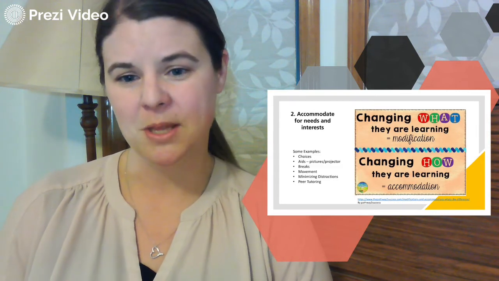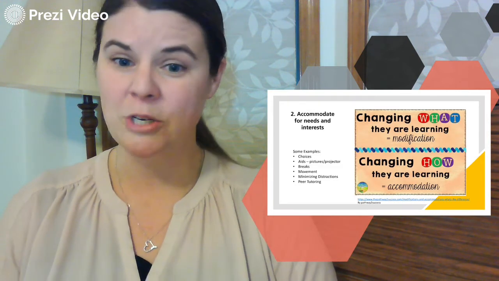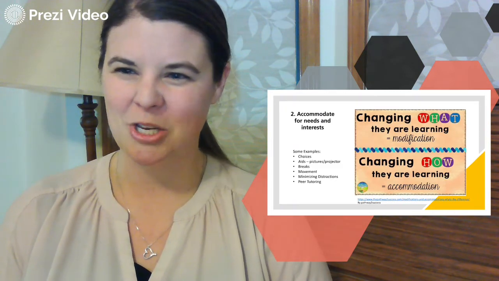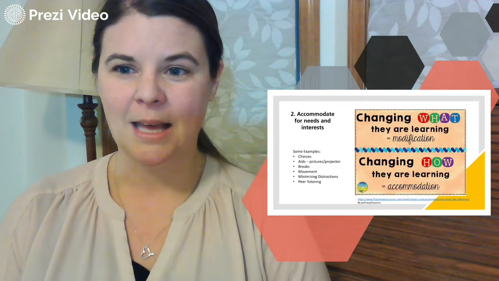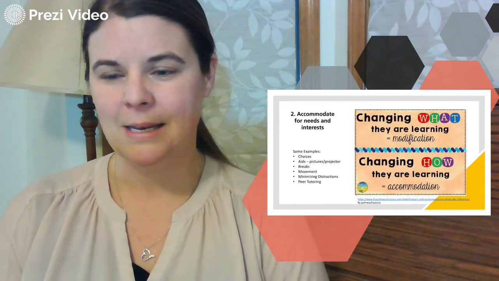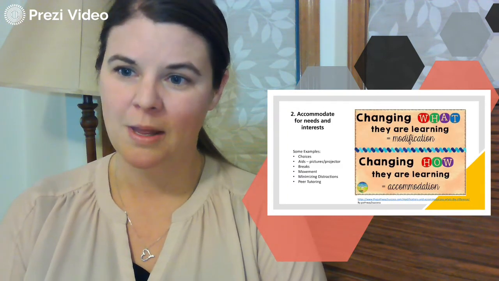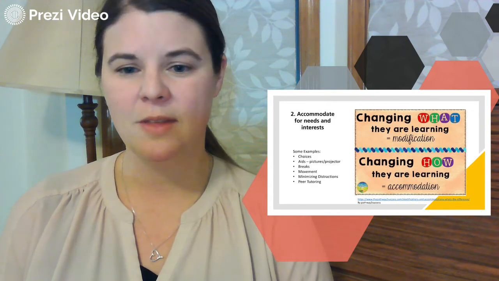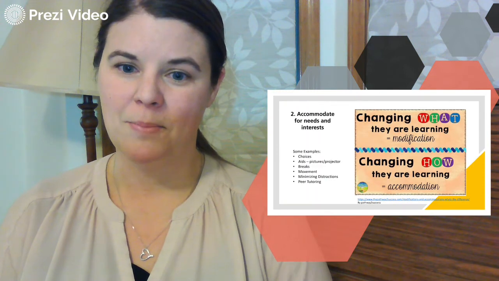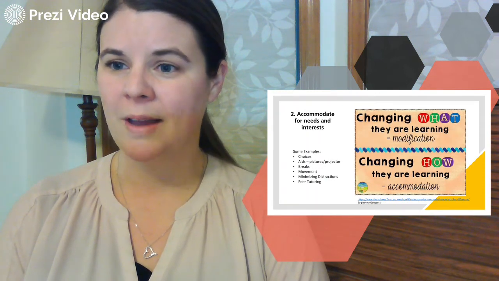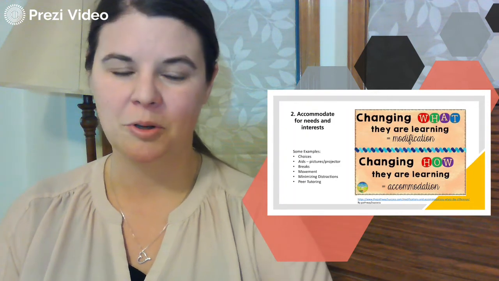Some examples within the book are allowing choices, providing aids like pictures and using an overhead projector, allowing breaks and movement. Some children need to be allowed to move. Some students will need us to minimize distractions for them, and we may need to provide some peer tutoring that would help them learn.